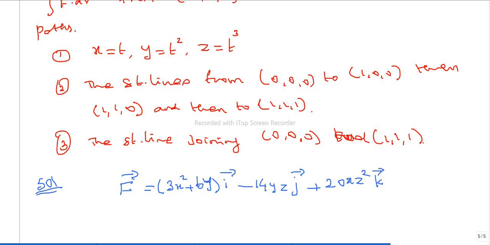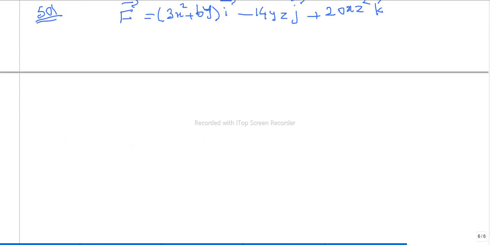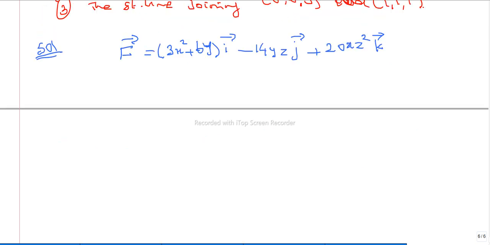So this is F. Now usually we take the position vector r as x i vector plus y j vector plus z k vector.